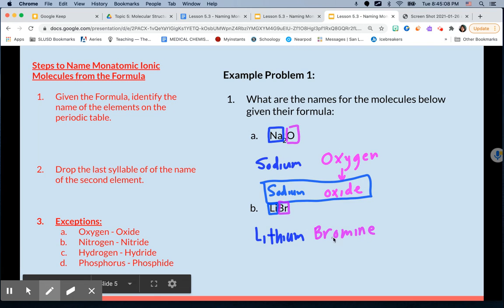Again, this ending I need to fix. I'm going to drop the last syllable of the name of the second element and then also add "ide." So bromine becomes bromide.